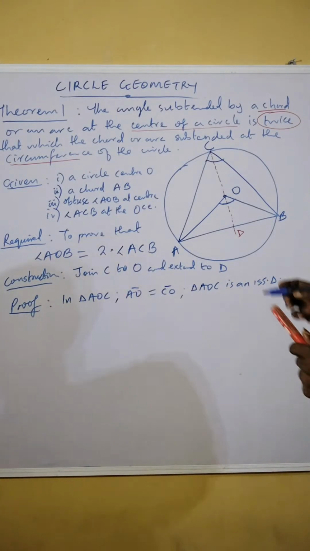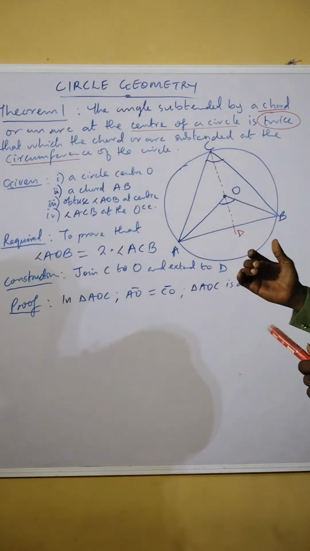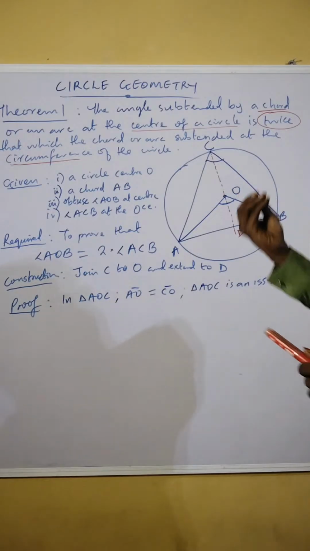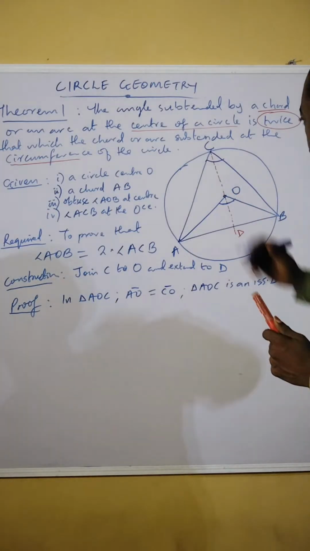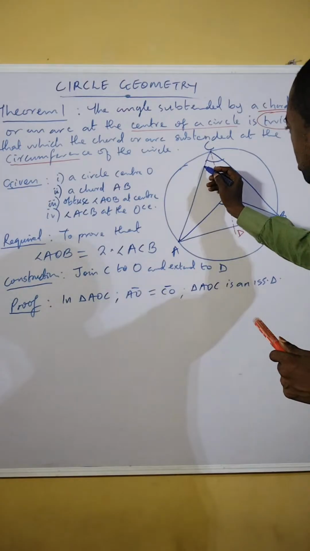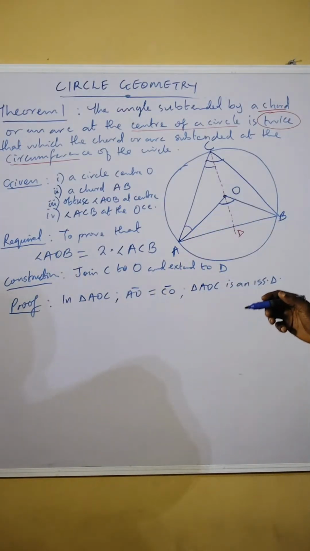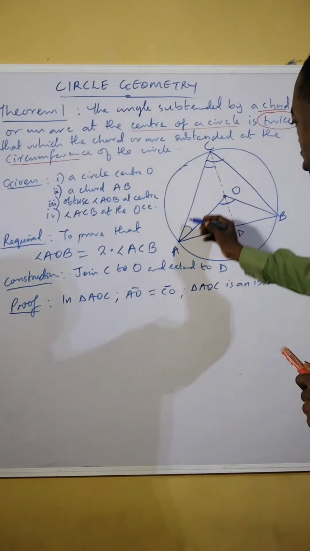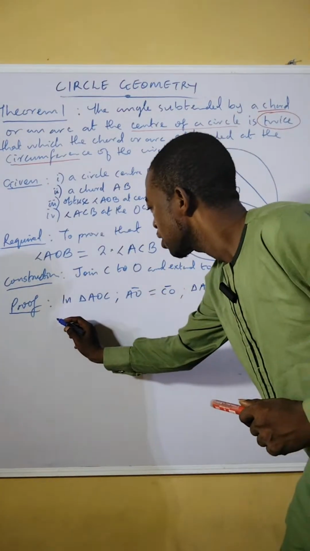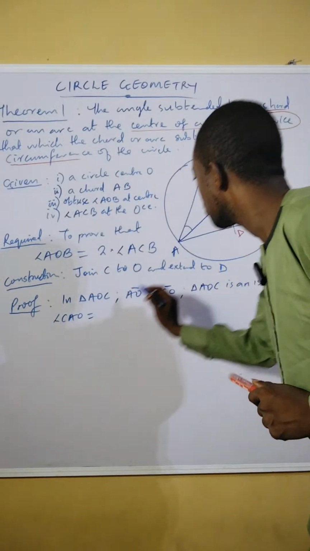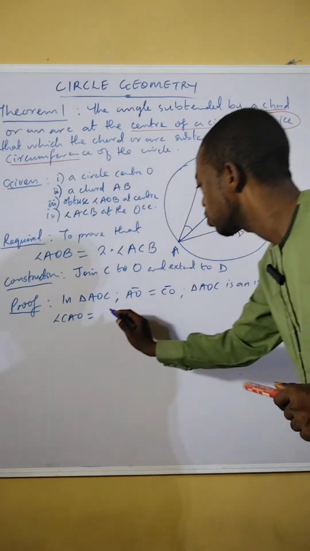And one of the properties of an isosceles triangle is that the two sides are equal. That's number one. And also the base angles. And don't forget that the third side is the base, and these are the base angles. So the base angles here are also equal. Now let's label this as CAO. So we have, therefore, angle CAO is also equal to angle ACO.